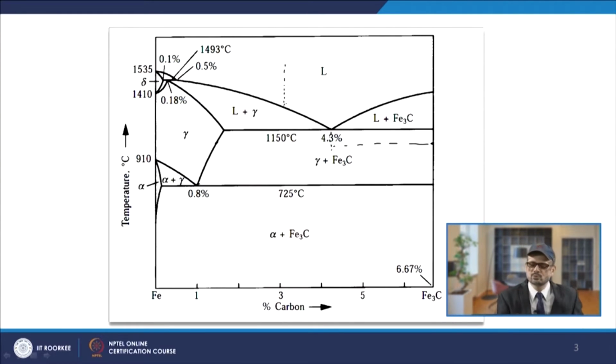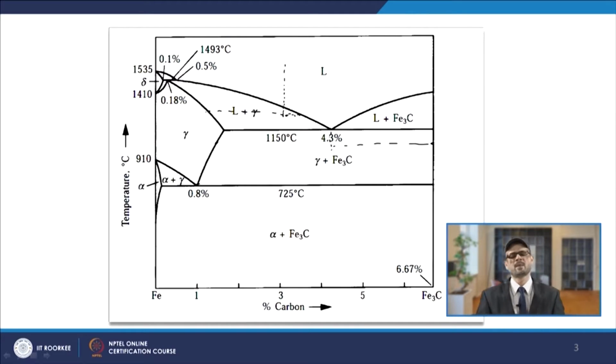Now, as you see, if you are coming to any composition at this point, when you come to any temperature below this, you will have gamma of this composition, and you will have liquid of this composition, because this is touching the liquidus line here. And as per the lever rule, the liquid percentage will be as per the fraction of this by whole, and the gamma percentage will be this by whole.